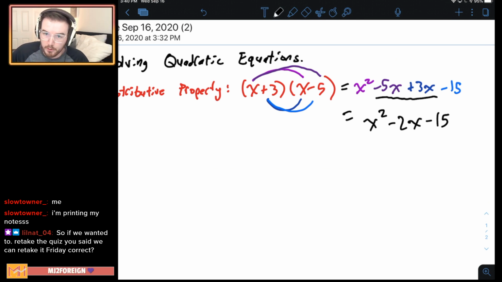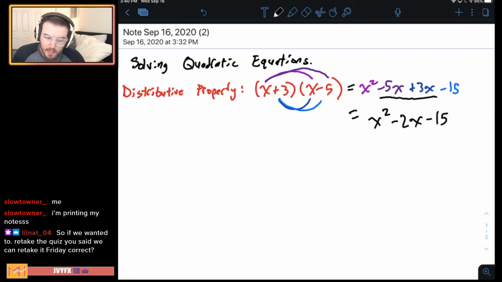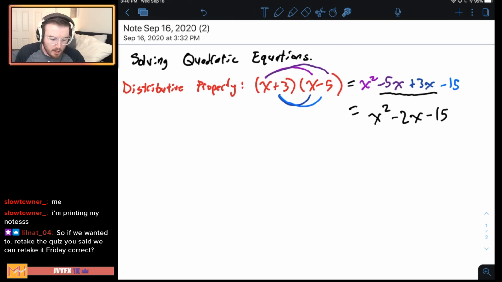That's a review of the distributive property that hopefully feels familiar. And I want to take a quick look at our end result here. Let's look at these two numbers, negative 2 and negative 15. Negative 2 is the sum of positive 3 and negative 5.